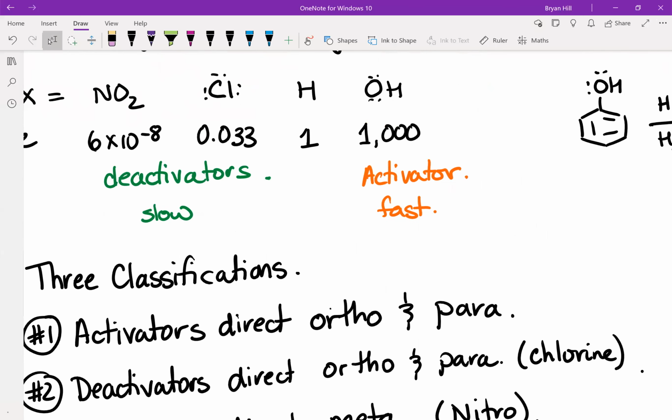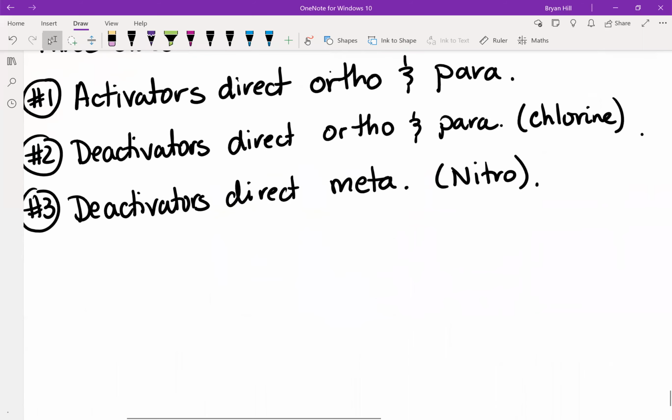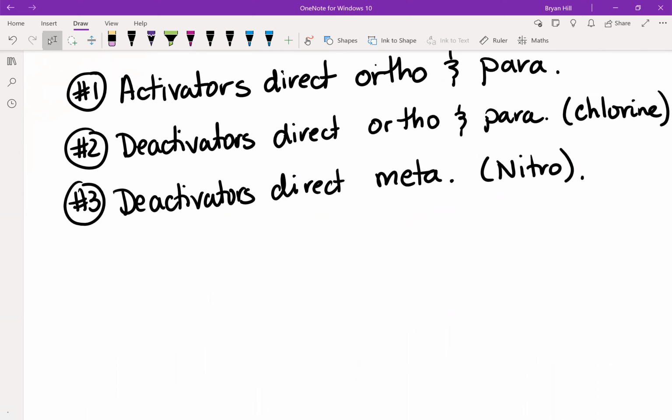And I'll show you how you can always get this right. I'll be able to show a group and we'll be able to bundle it into one of these three categories.